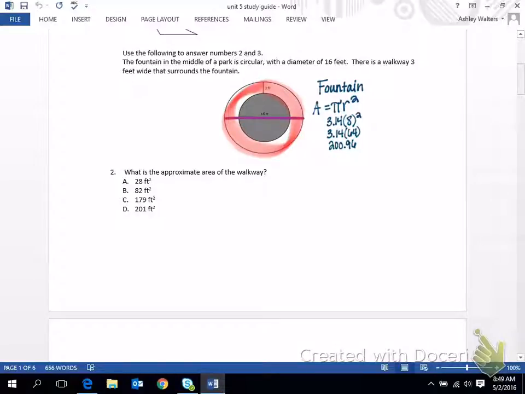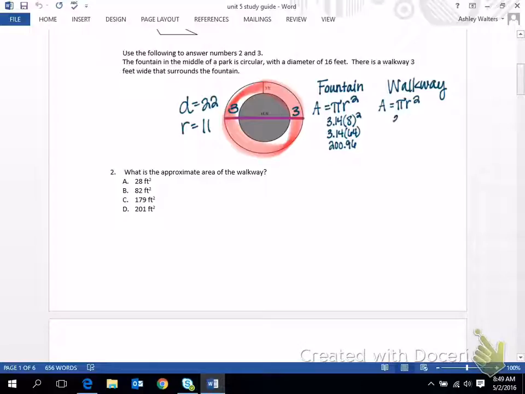Now we need to take a look at the walkway. You can't get the area of just the outside of that circle, so you have to find the entire area of the large circle, which again is going to be pi times radius squared. But if we had 3 additional feet here and 3 additional feet here, the diameter of the walkway is 22, which means that the radius is 11.